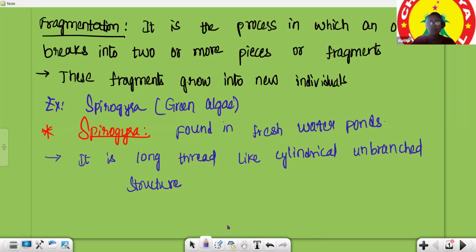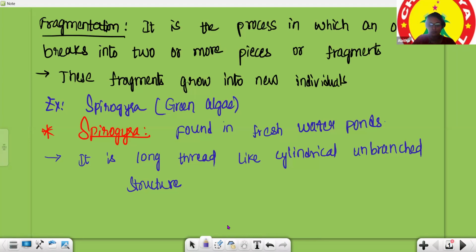How can you say that Spirogyra is having chloroplast in it? Ma'am, it's because it's green in color. Very good. As it is called green algae, it is green in color. Chloroplast is a pigment which is present and is responsible for the green color.